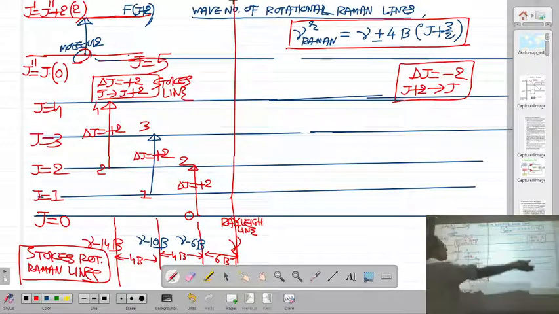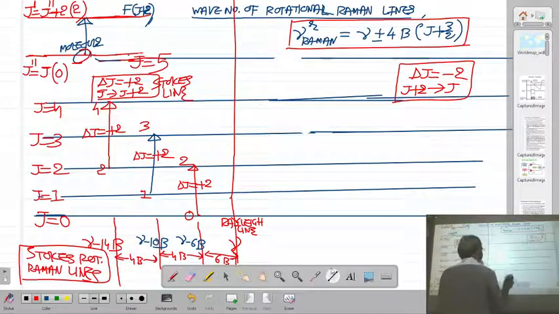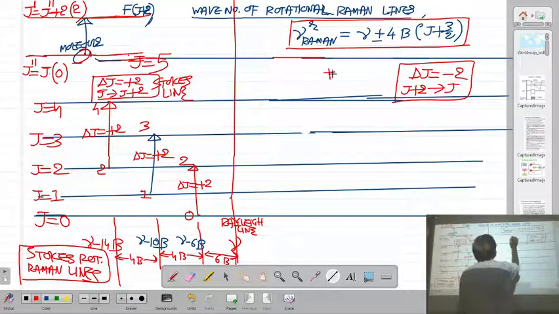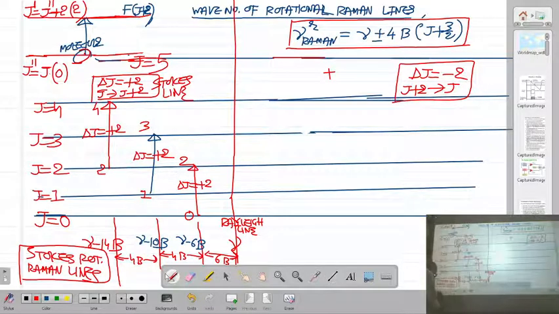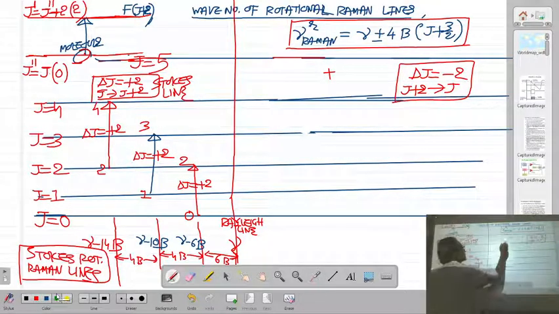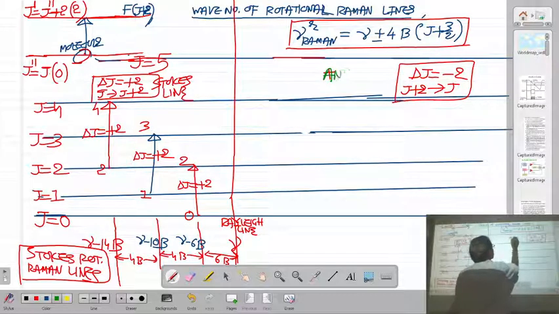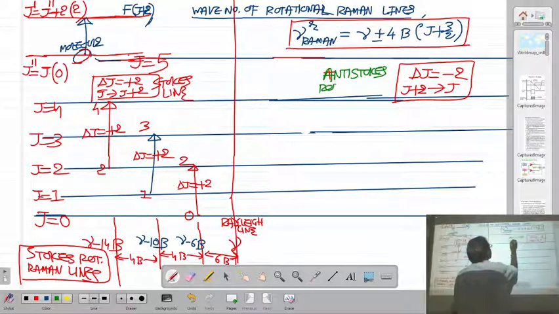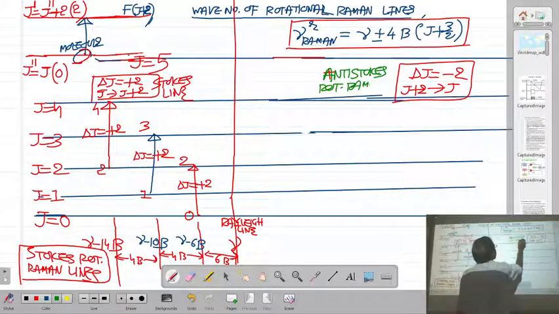Now on the right hand side we get the anti-Stokes rotational Raman lines.